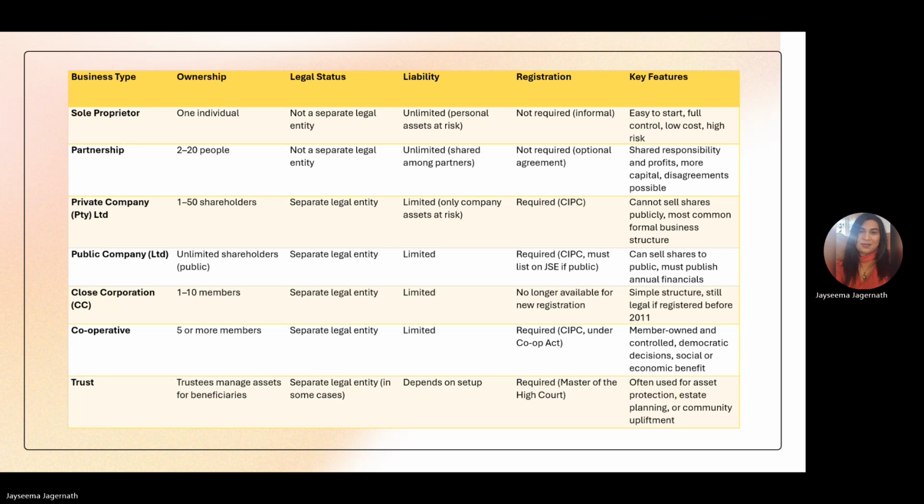The other two are cooperatives, where 5 or more members start a cooperative with a separate legal entity and limited liability, and they register this. These are member-owned, and they support each other within that business structure.